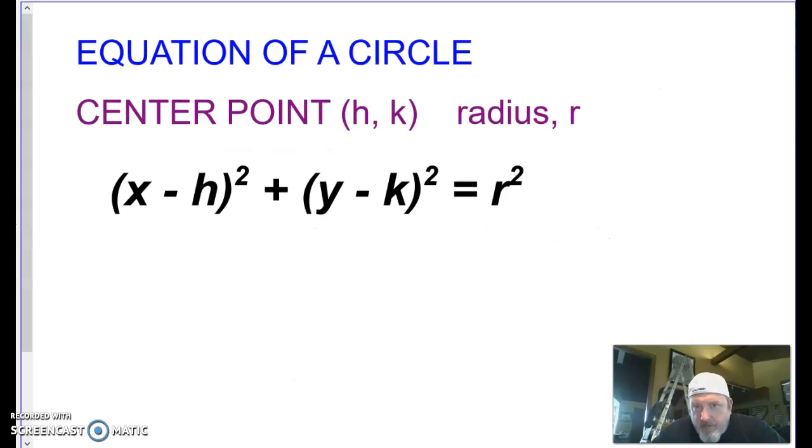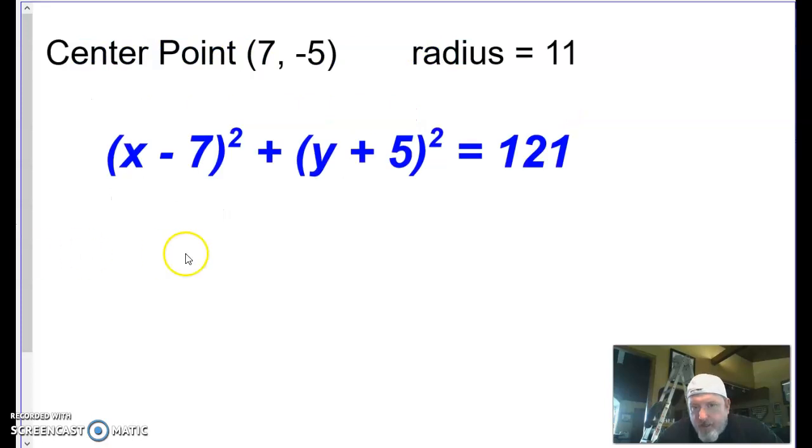All right, so equation of a circle, given a center point (h, k) and a radius r, this is the equation of a circle. We take (x minus h) squared plus (y minus k) squared equal to the radius squared. So you're just plugging in the center point (h, k) and radius r. For example, I got a center point at (7, negative 5), got a radius of 11.